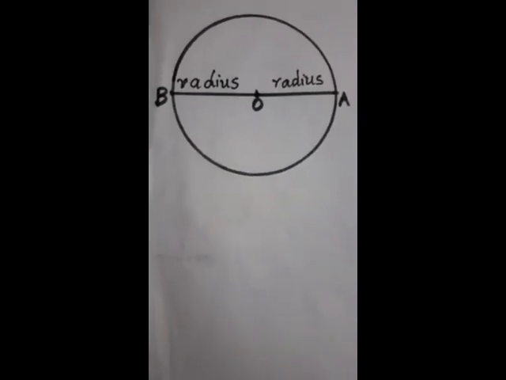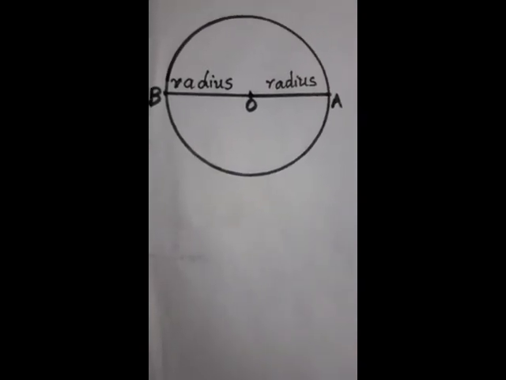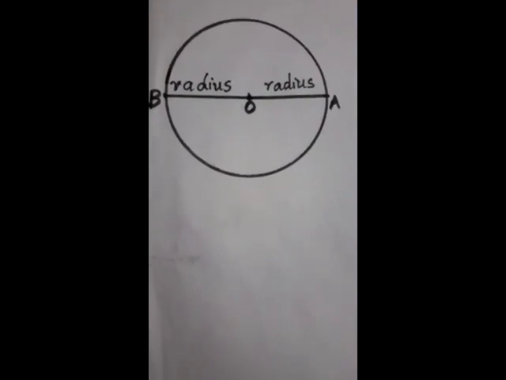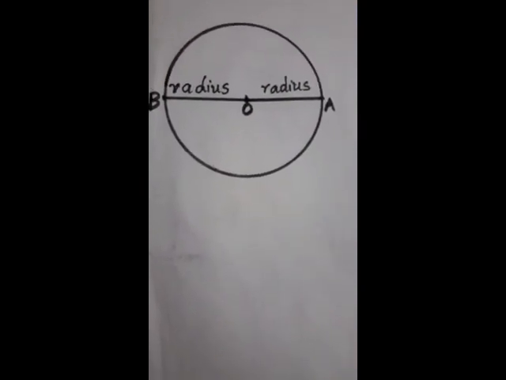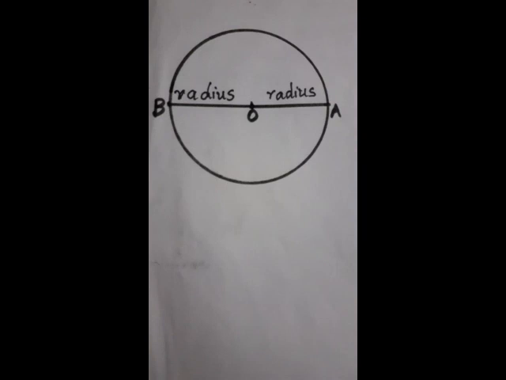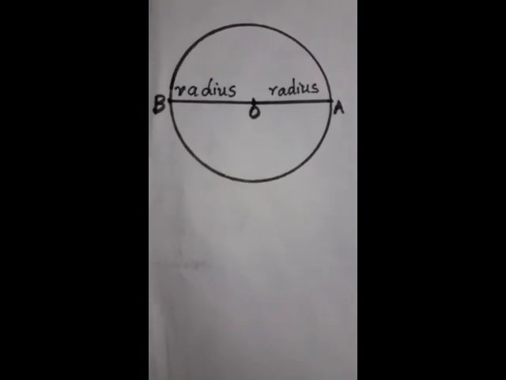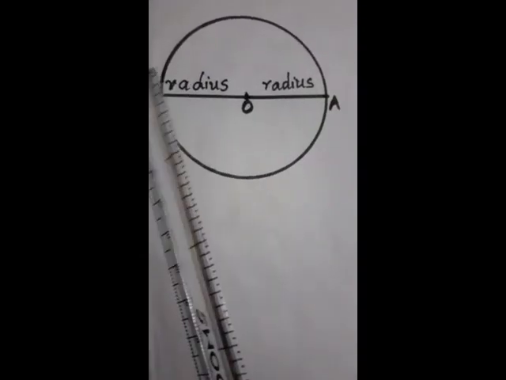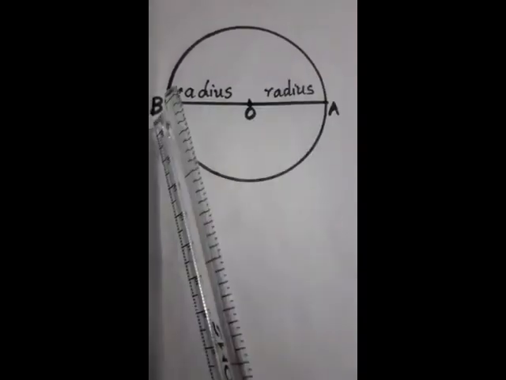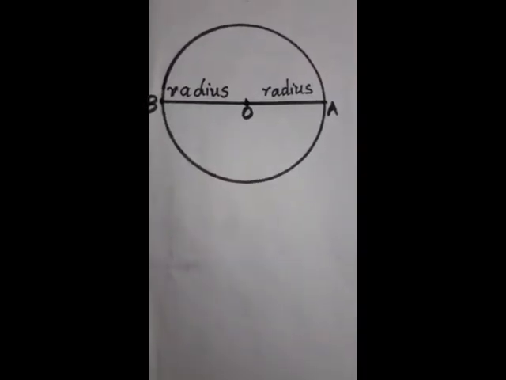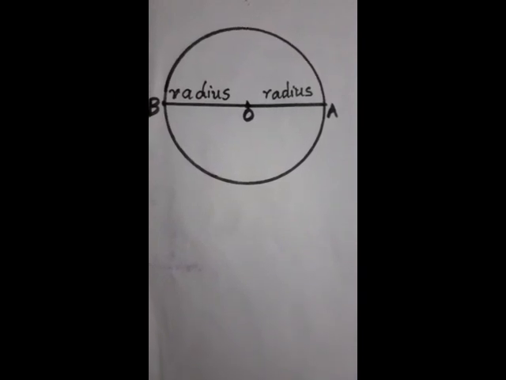Children, observe: which one is passing through the center? Diameter. Look here, AB. AB is passing through the center O or not? So AB is called diameter.